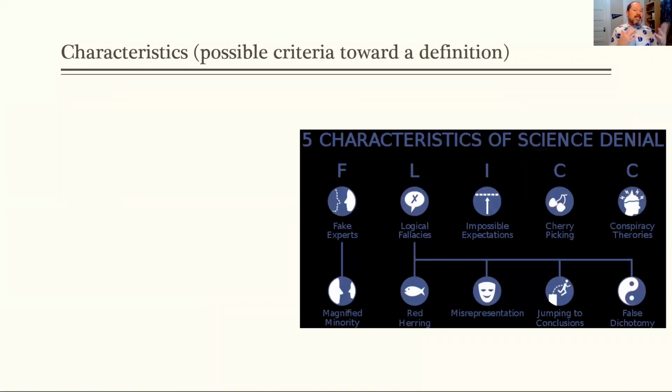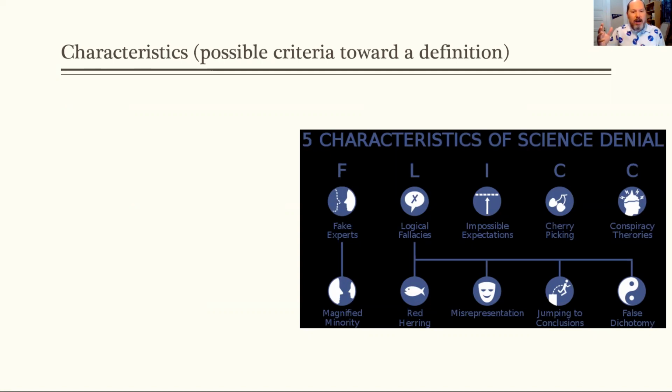Characteristics, possible criteria if you were defining it. This infographic is really useful. If you use the mnemonic device FLICCC with two C's, they use fake experts, and this is in a way that is trying to make it seem like, even though they're in the minority, or like really nobody believes what they try to say, they'll find someone who's willing to act like an expert, or someone who's an expert.